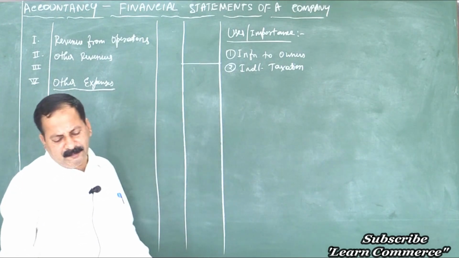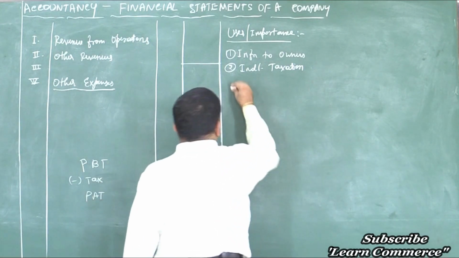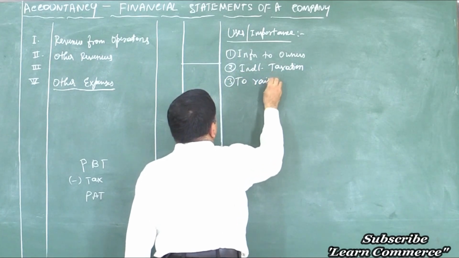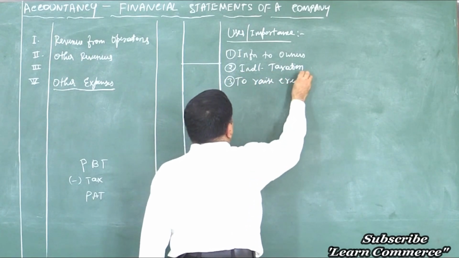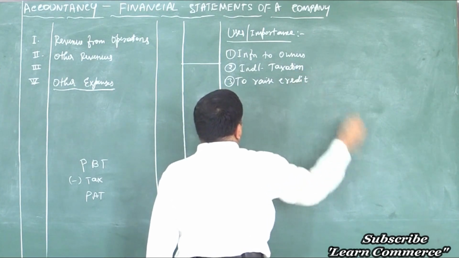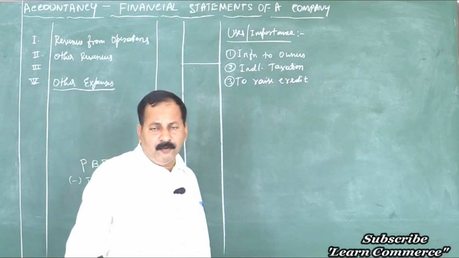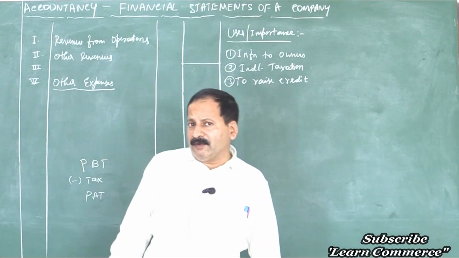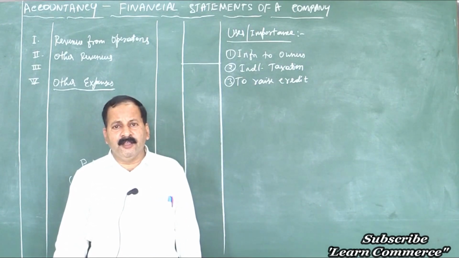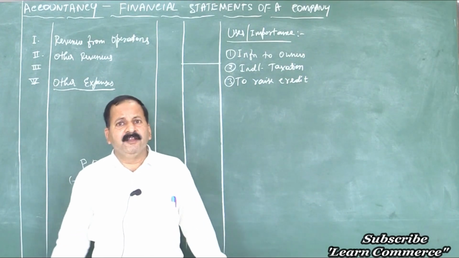Third one is, it provides a basis for granting credit by financial institutions, to raise credit or finance from the market. Like whenever you individually approach a banker for a loan, what will the banker ask: how much salary you are getting, where are you working, whether you are a businessman or professional.